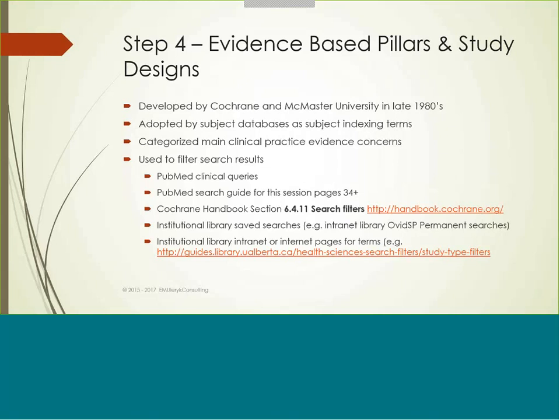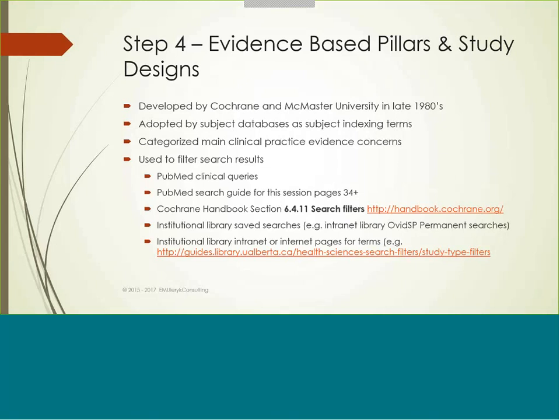Not so much in PubMed, but in Ovid, where they're saved as expert searches. And they are available to you if you use that search interface. You go in through your institution, use that search interface, you can pull these up very quickly and just add them. It's like opening a saved Word document, and then you just add it to your search. You combine your subject search with these filtered terms.